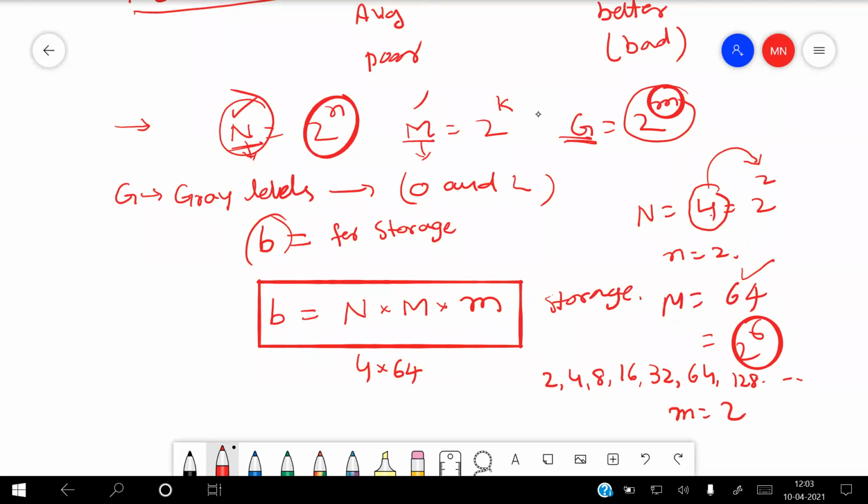So you have to multiply it with this gray level value. So that is 8 into 64. That is how many pixels or bits are stored for this one.